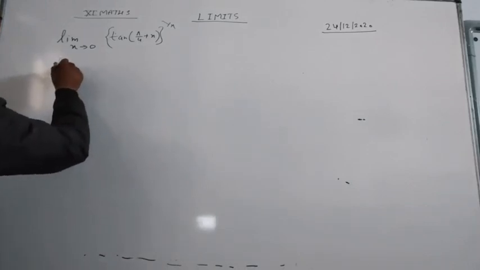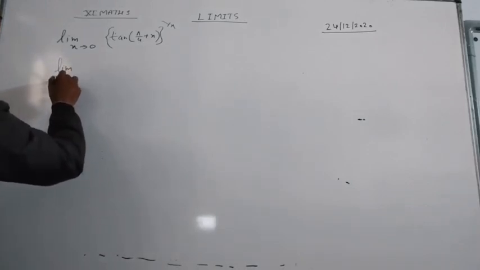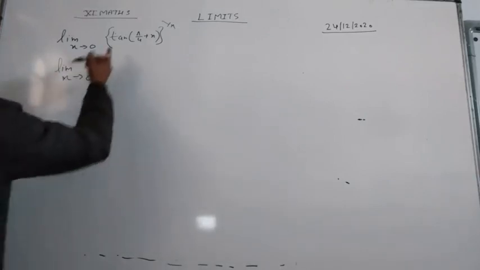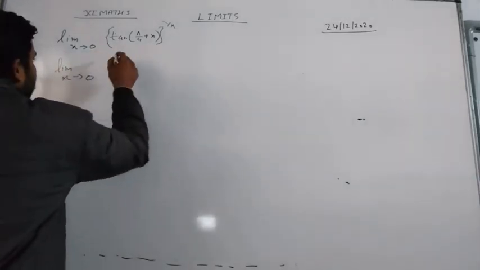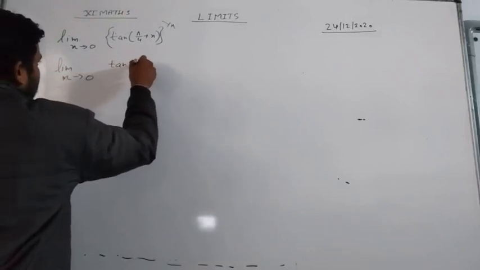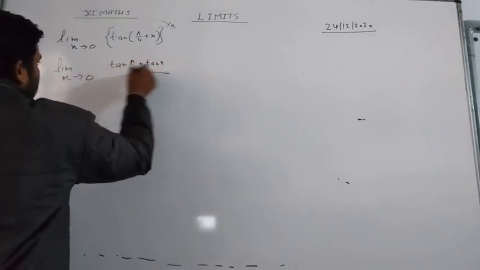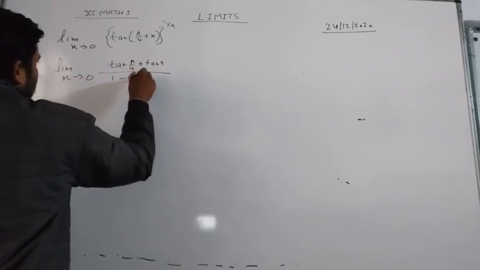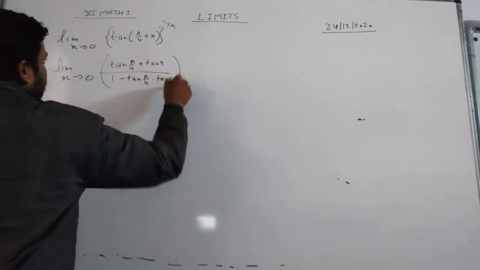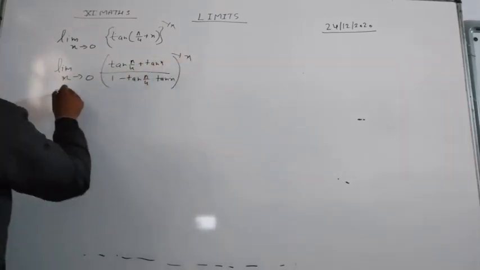So limit x tends to 0. We will write this tan(a plus b), so this is (tan a plus tan b) by (1 minus tan a tan b), to the power 1 by x.